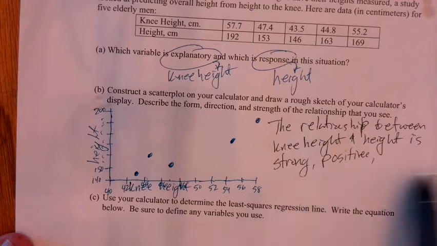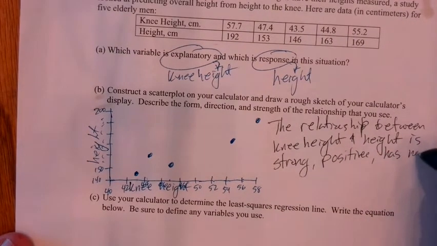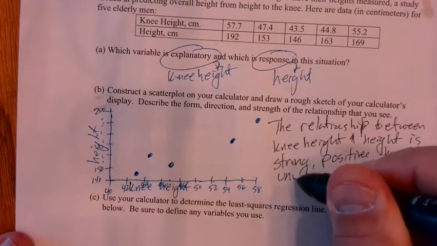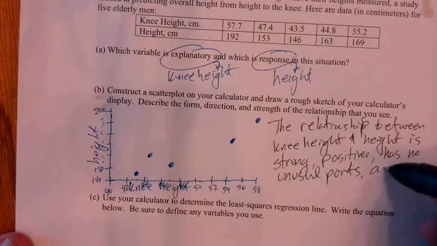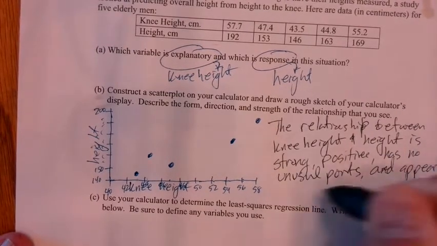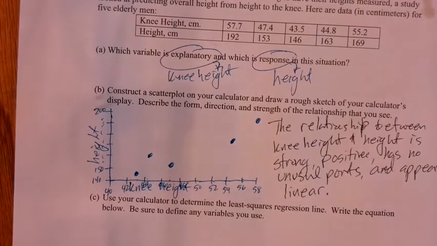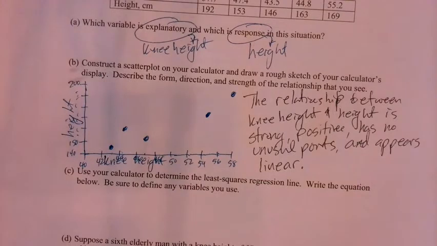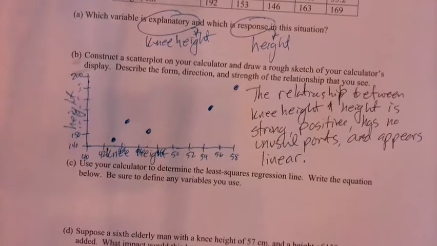So strength, trend, has no unusual points, and appears linear. Now, I put that "appears" in there to give myself a little wiggle room, in case it's like the hot chocolate, where maybe it's not really linear, but I don't see it. But it appears linear, definitely.